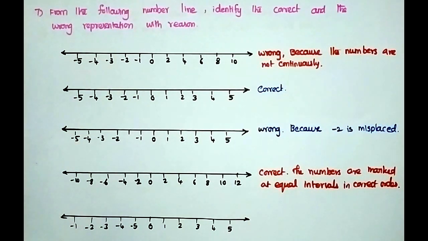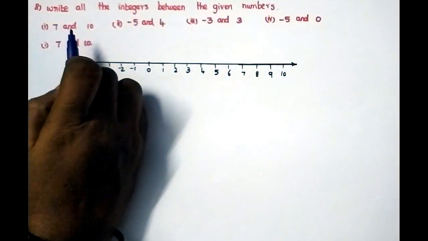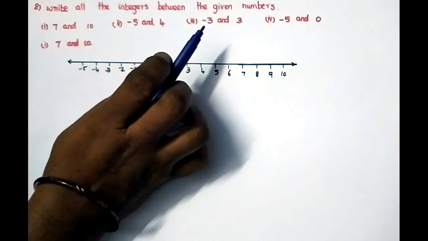That is a correct order, but here minus 1, minus 2, minus 3, minus 4, minus 5 from the left it begins. So that is wrong. Negative integers are marked wrongly. That is the answer.